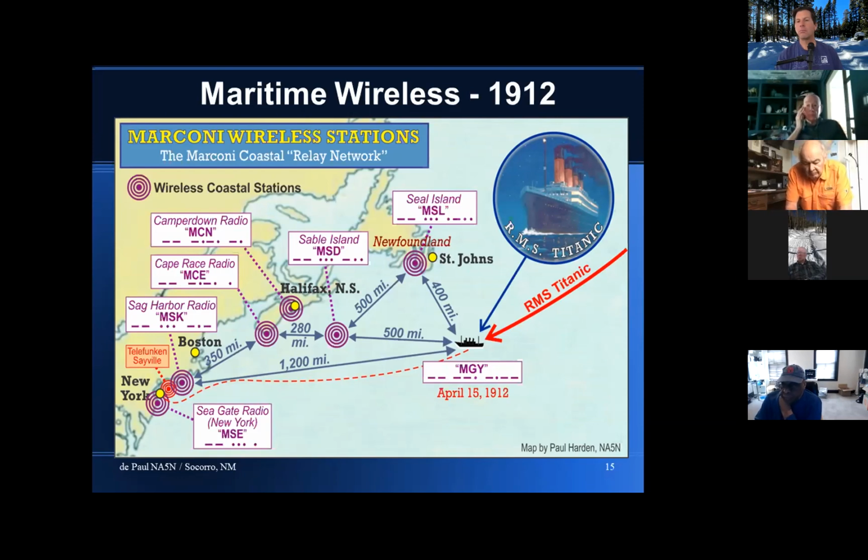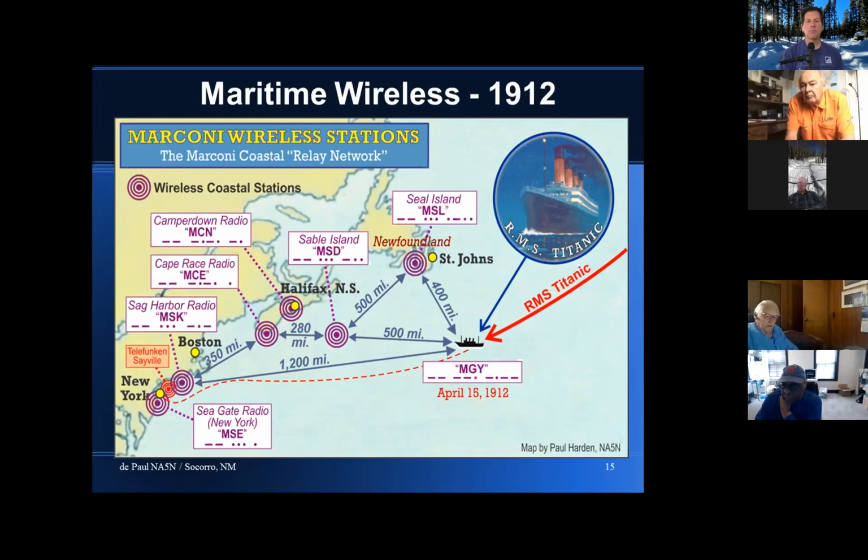That was the system. So we were really talking about relaying messages. Let's talk about ham radio. What's the name of our national organization? American Radio Relay League. It was established probably 2 or 3 years after the Titanic, following on the heels of what the Titanic and Marconi were doing, in other words, relaying messages back and forth.